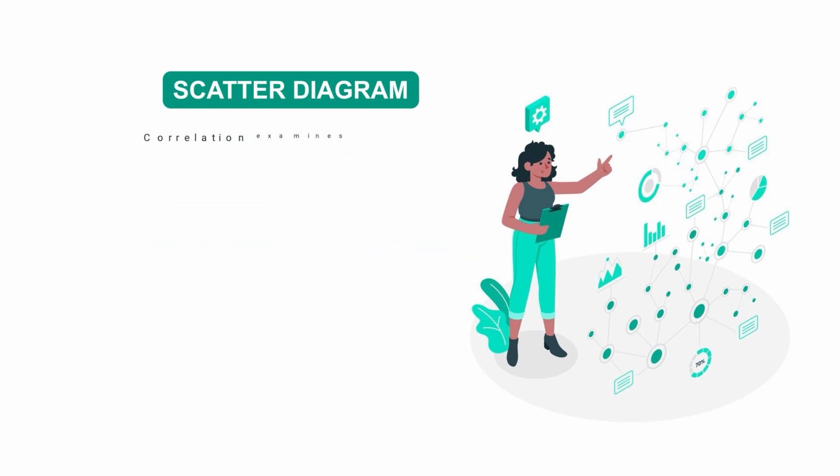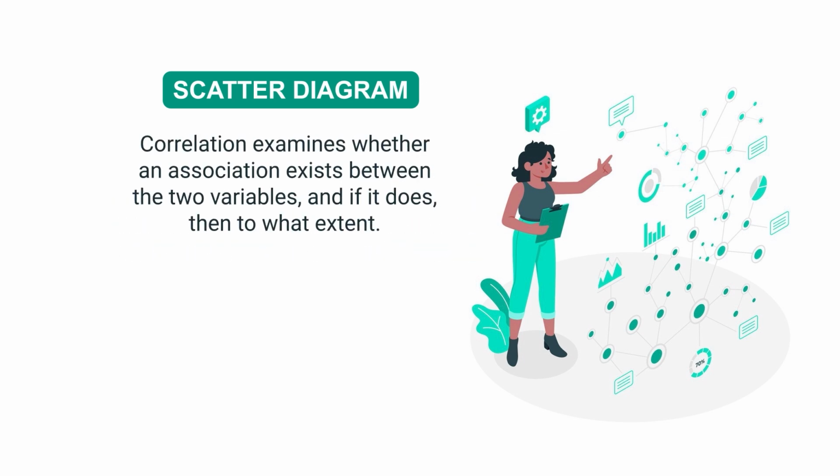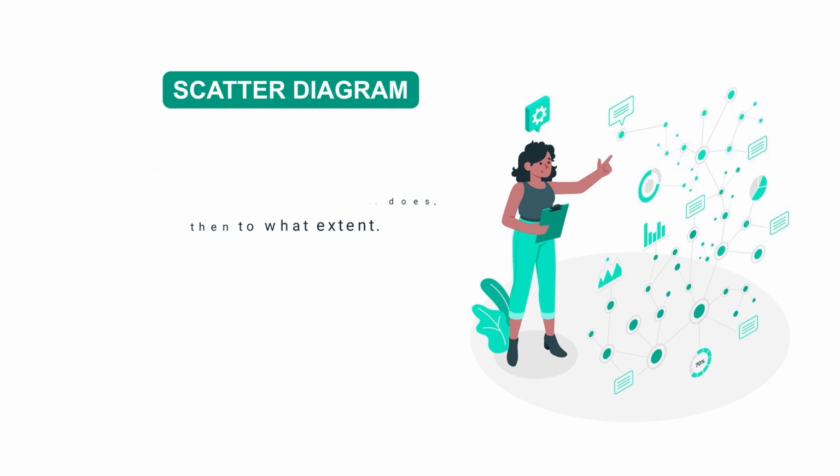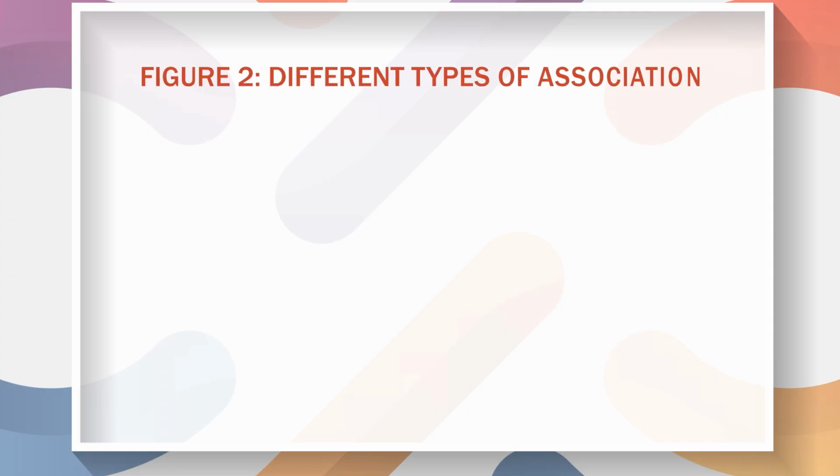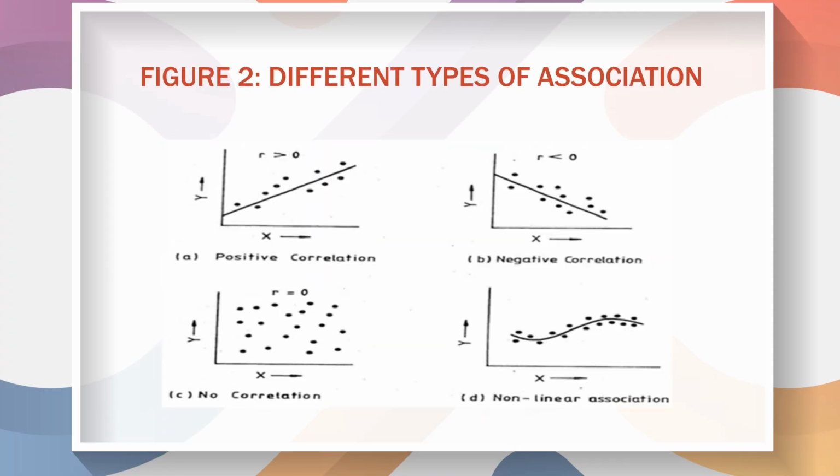Correlation examines whether an association exists between the two variables, and if it does, then to what extent. Various patterns may be seen in the scatter diagram, and Figure 2 displays a few common patterns that illustrate various correlations between two variables.